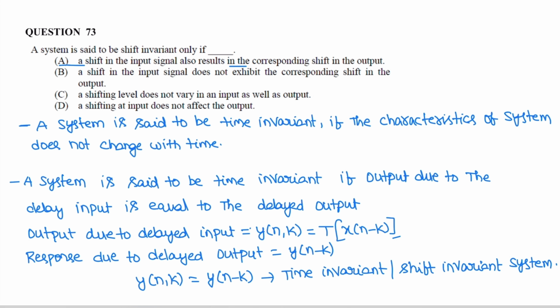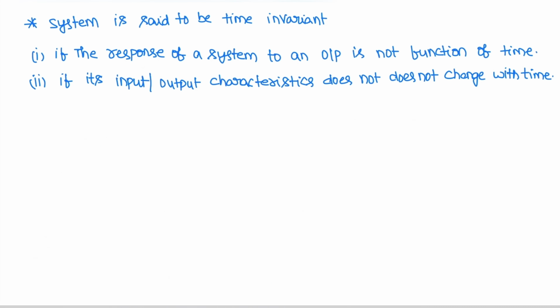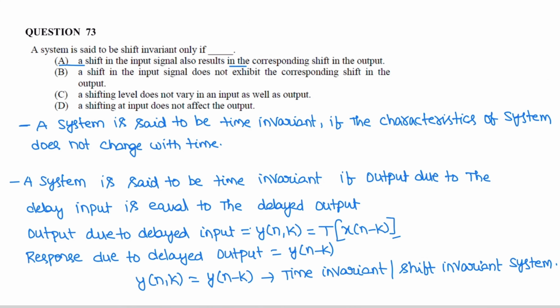One: characteristics do not change with time. Second: the response of the system is not a function of time. Third: output due to delayed input equals delayed output. Fourth: a shift in the input signal also results in the same shift in the corresponding output signal. These are the four different definitions of a shift invariant system.